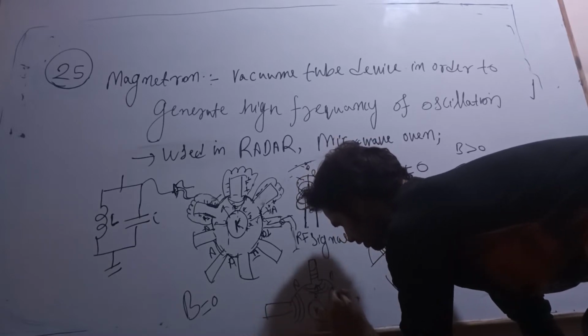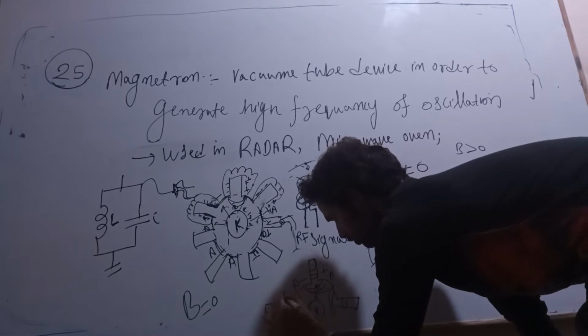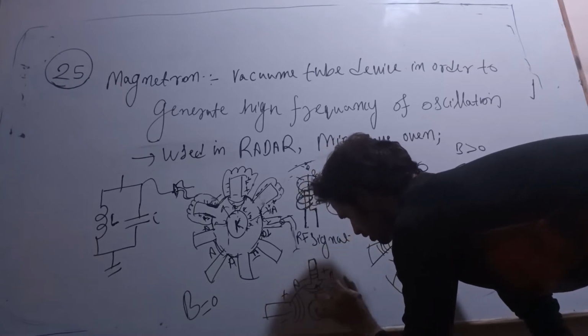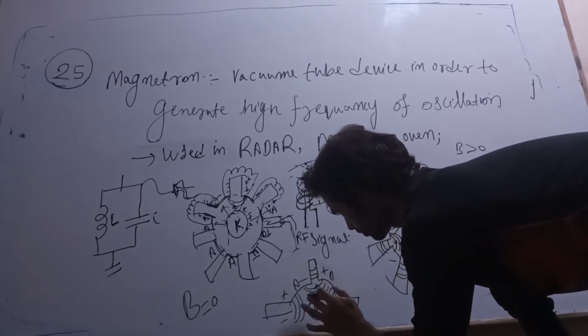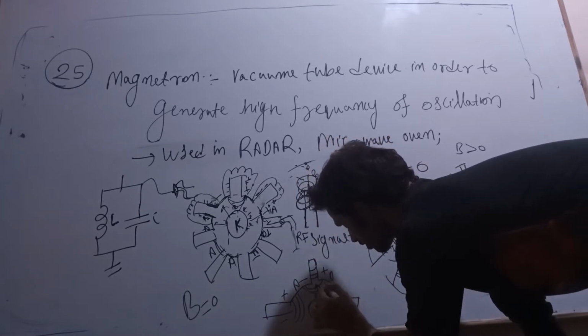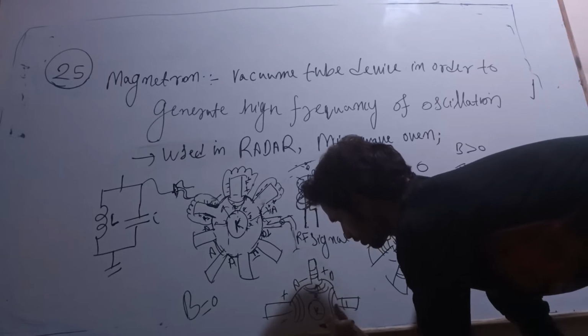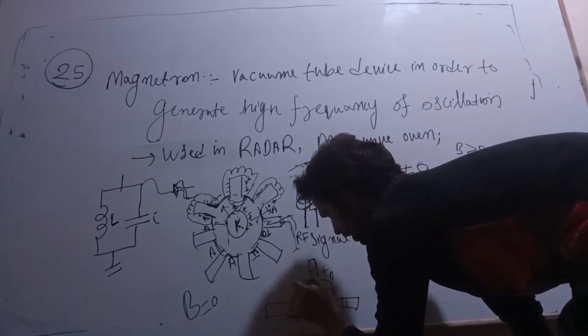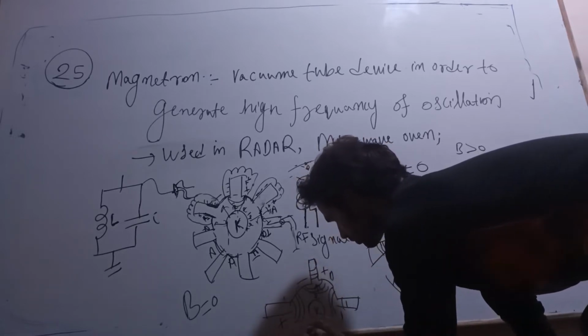Let us say negative, positive, negative. This is positive, negative. Positive, negative. This is positive, this is negative. So this is negative, positive. This is positive, negative.